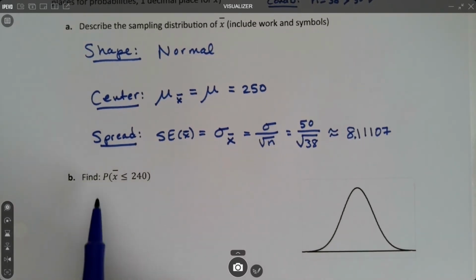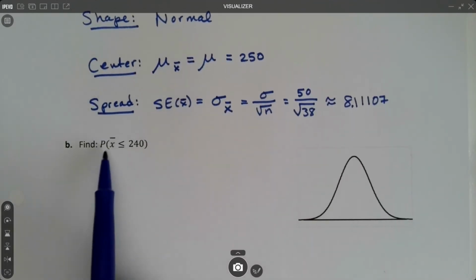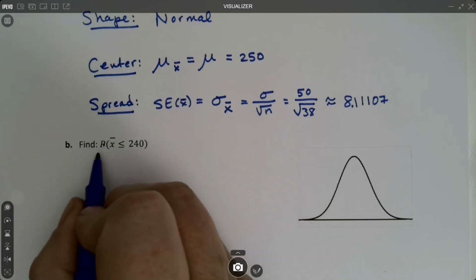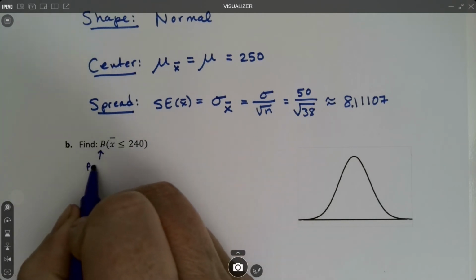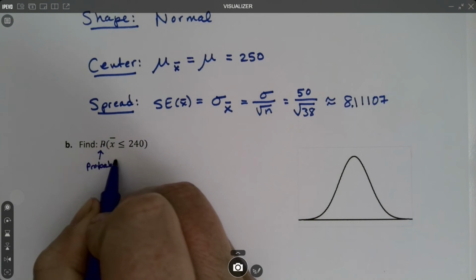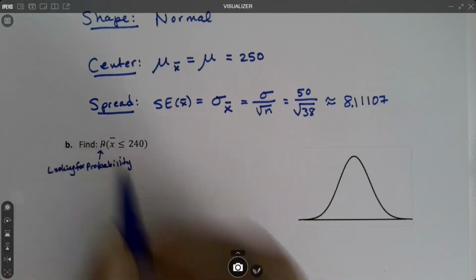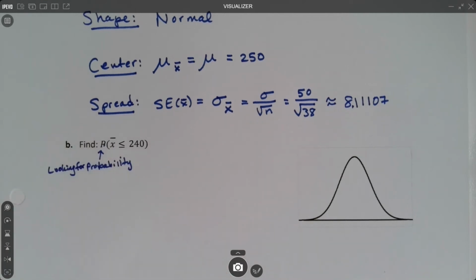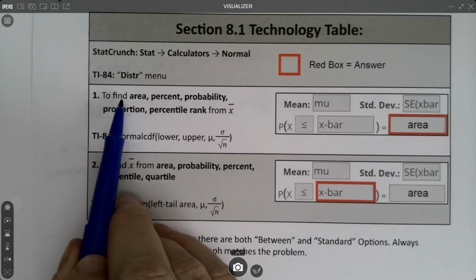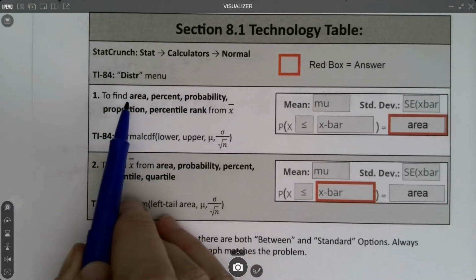All right, so now we're going to find P, which stands for probability. So we're looking for the probability. Now, why do I need to know that? So the probability tells me here, if I want to find area, percent, probability, they're all the same thing, right?